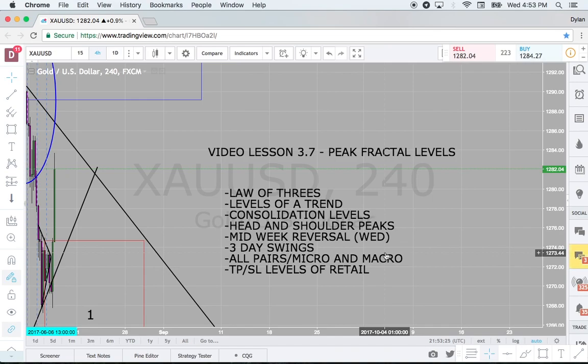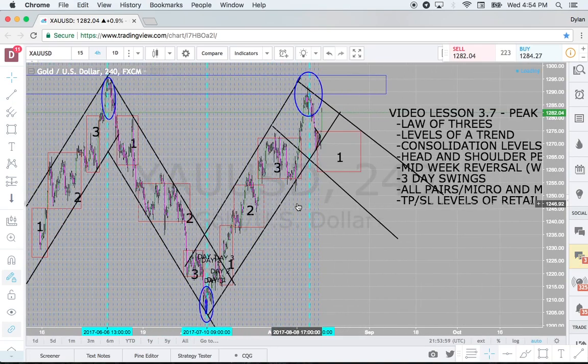You will see it's not a coincidence. Every single week, Wednesday has the most high impact news. So all the red folders, all the 3-star news events will happen on Wednesday. Not all of them, but I'd say most of them for that week. Most of the news events in general. So the 3-day swings. Now let's go into gold.